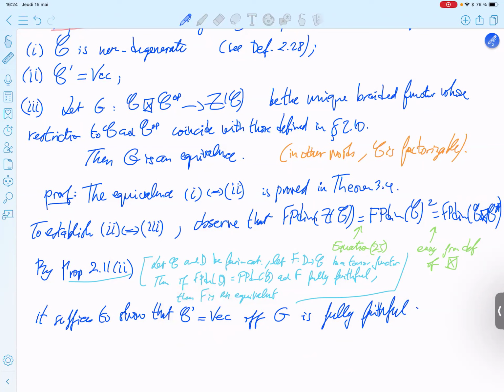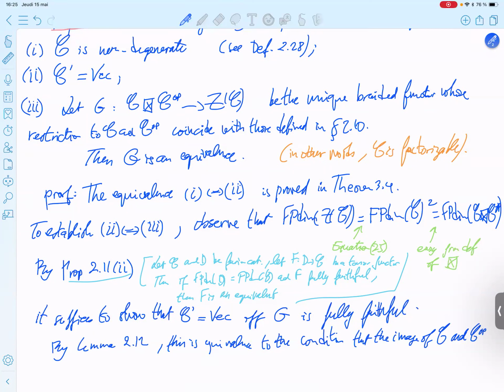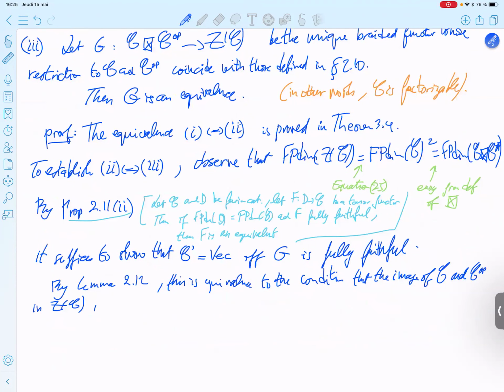So by lemma 2.12, this is equivalent to the condition that the image of C and C op in the Drinfeld center of C intersect trivially.